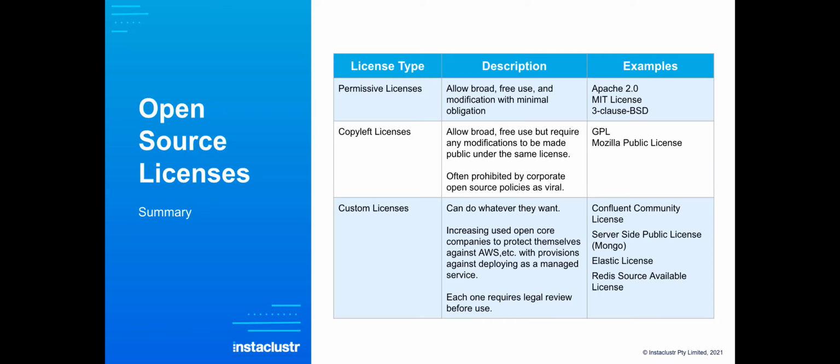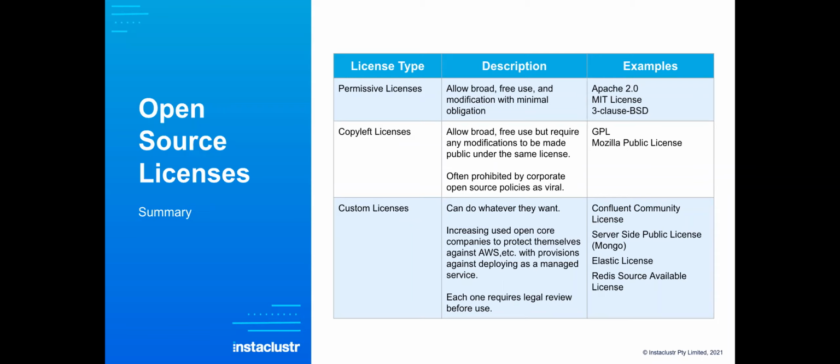Examples of those custom licenses are the Confluent Community License, the Mongo Server Side Public License, Elastic have a license, and Redis have a Redis Source Available License, covering different parts of the code depending on which of those companies you talk about.